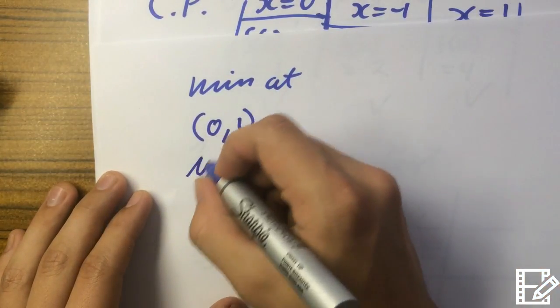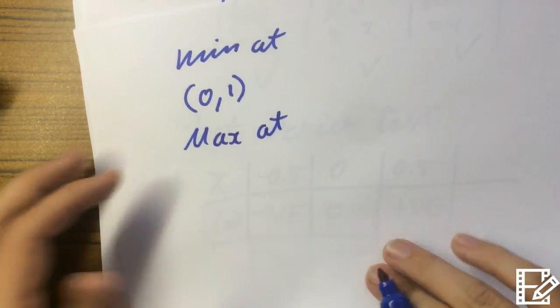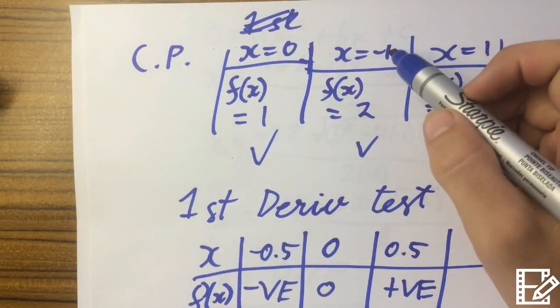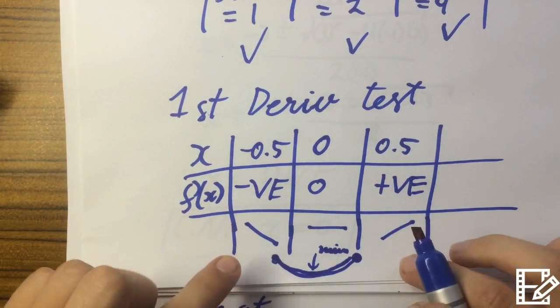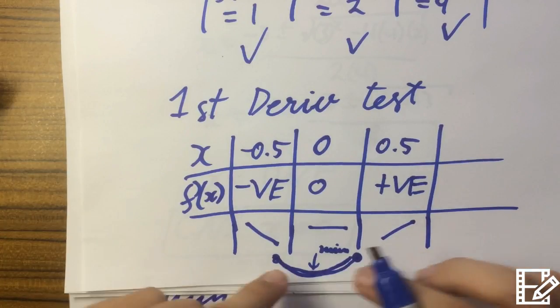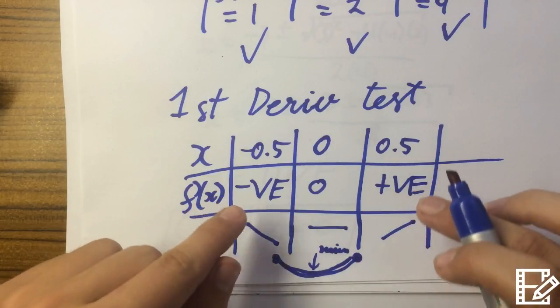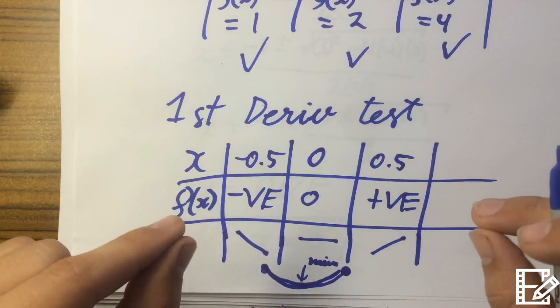Now, our maximums are at x equals -1 and x equals 1, because x equals -1 will be over here somewhere, and x equals +1 will be over here, which means it goes up to these points. Therefore, the maximums are at these points, because it comes up and stops.